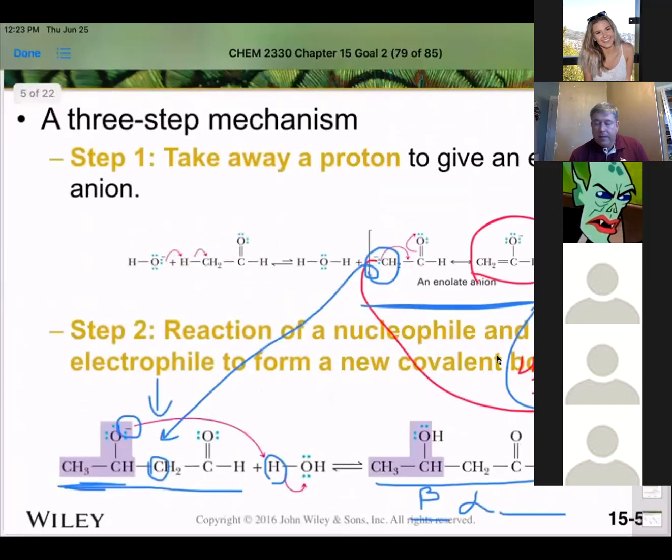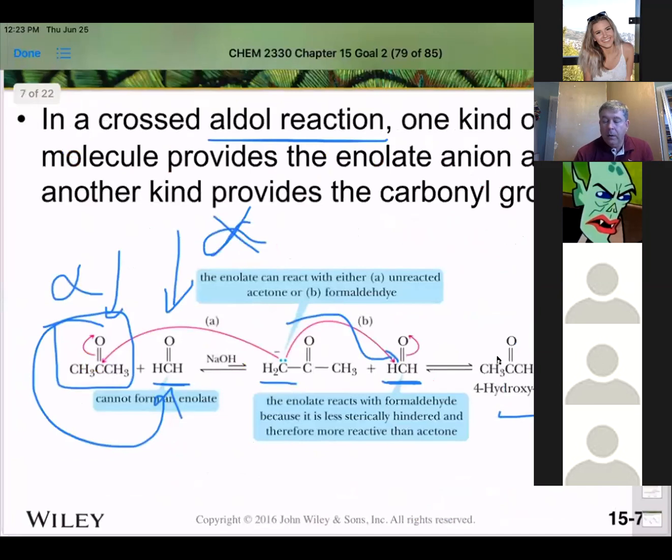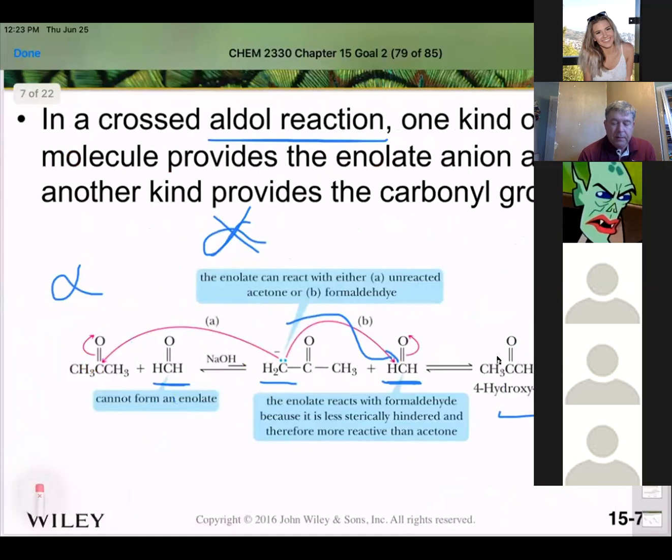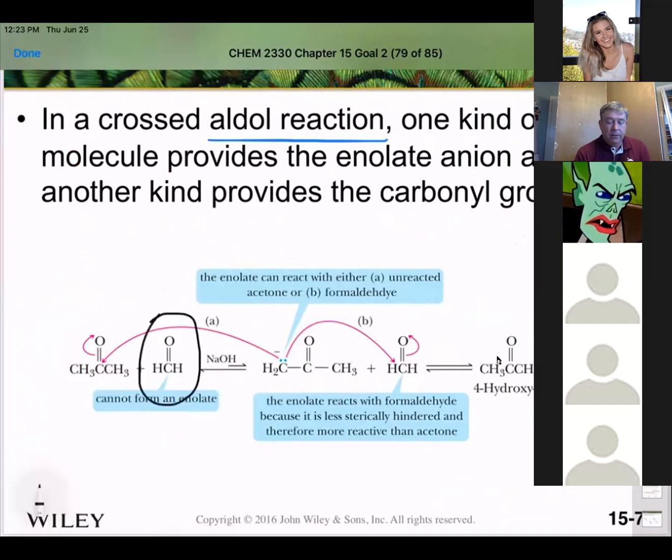If we have an aldehyde where one of the substrates does not have alpha hydrogens that it can pull off, but the other does, that means we get selectivity about where it reacts, and it's called a cross Claisen because one substrate, in this case, this one, has no alpha hydrogens. Therefore, you can only make the enolate with this, and if we only make the enolate with that, it'll only attack that. So that's what crossed means.